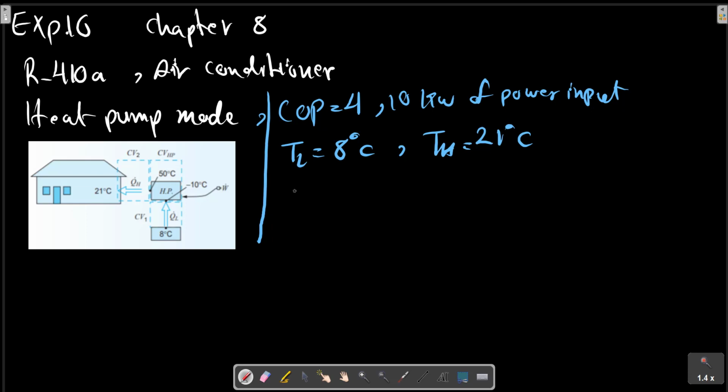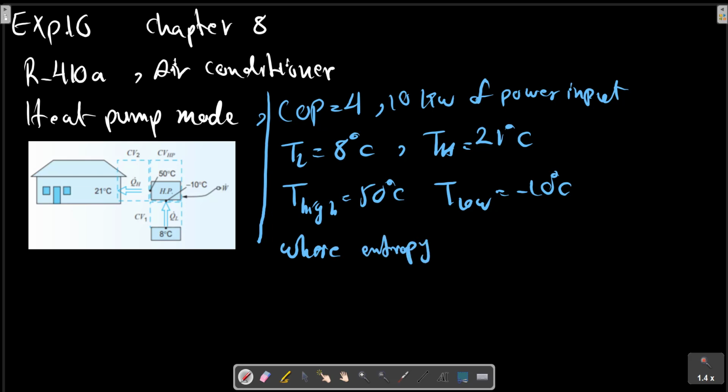Assume that the cycle has a high temperature at T low temperature degrees centigrade. In this section, we would like to know where entropy is generated associated with the heat pump, assuming steady state operation.